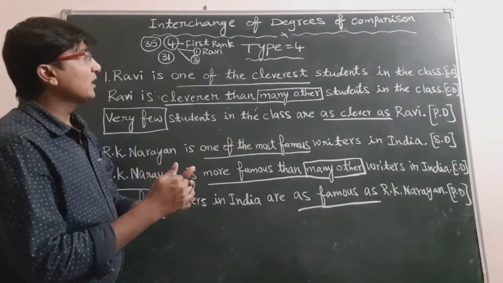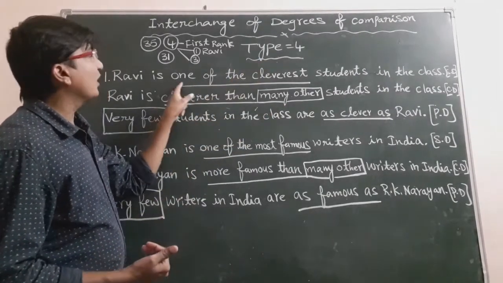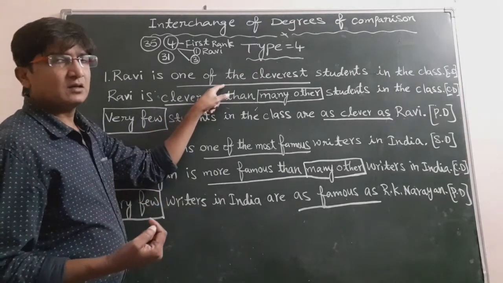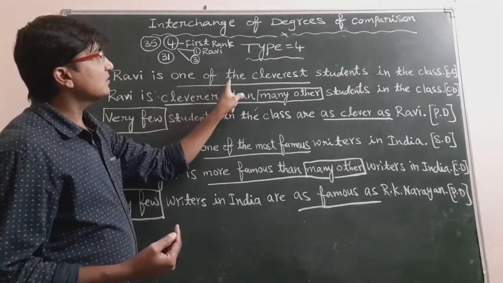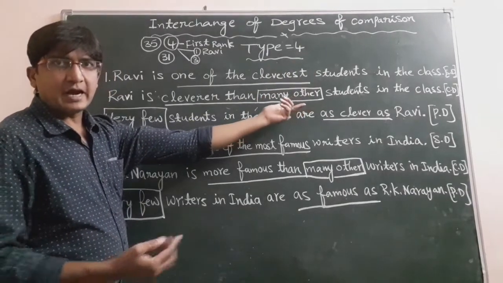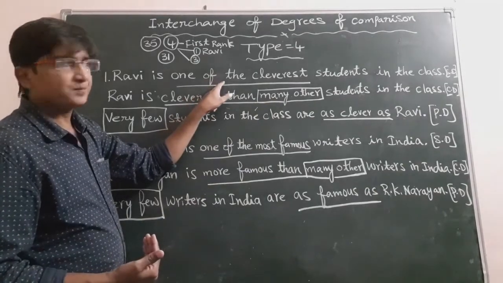But here this is a type 4. In type 4 we will have one of. So remember, that is the difference. In type 3 we will have Ravi is the cleverest student in the class, and in type 4 we will have this sentence.